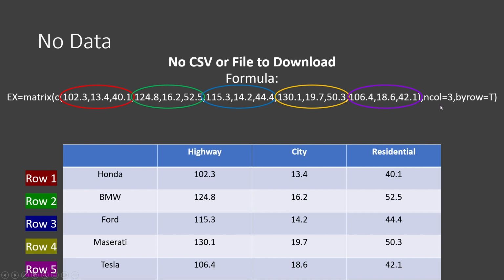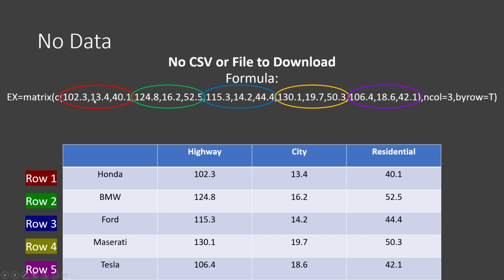To contextualize ncol and byrow: ncol is essentially how many columns you want, right? Since this table has 3, we put ncol equals 3. Another way to look at it is that the first 3 numbers will be in the first row, and the next 3 numbers will be in the second row. If we only had city and highway, then we would put 2.